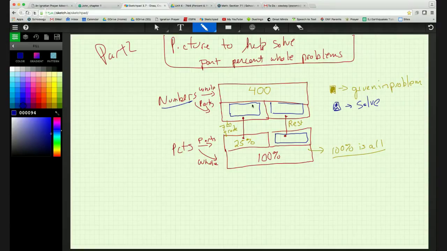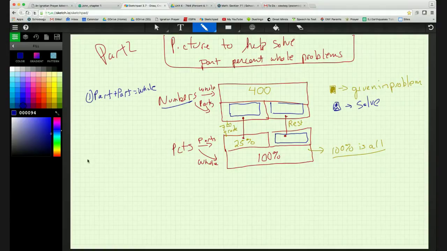Now, there's 4 different equations that all work out. The first one is that the part plus the part equals the whole. That makes sense. If we have 400 kids and part are in 7th grade and the rest are not in 7th grade, we can add those two together and they should get to 400. Well, the same goes for percent.